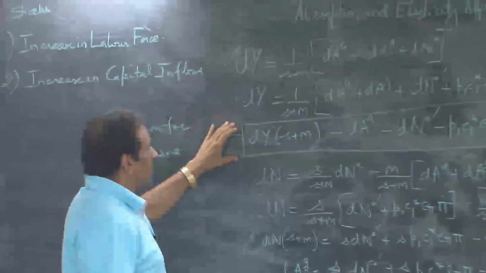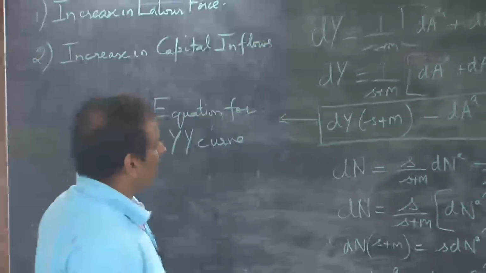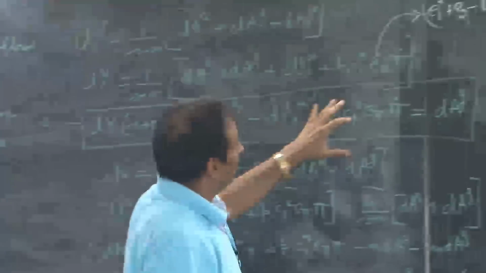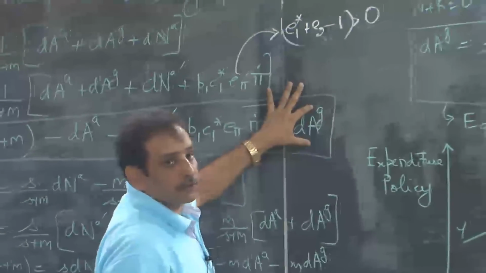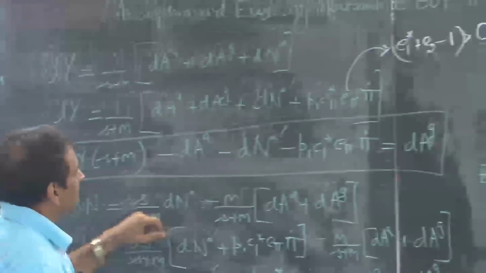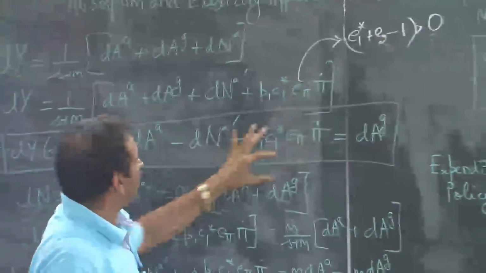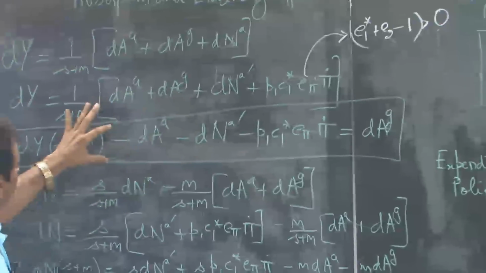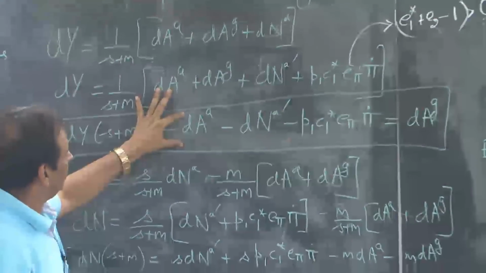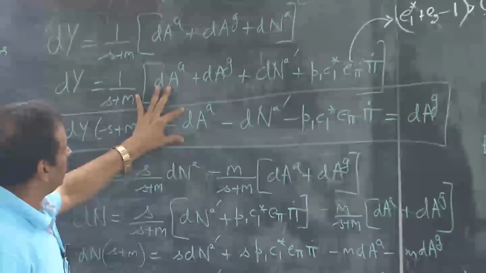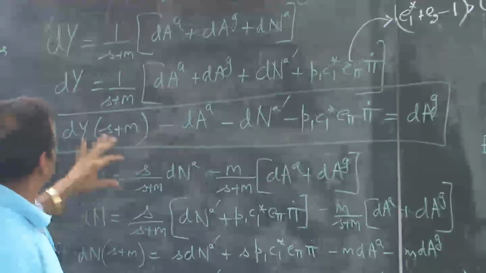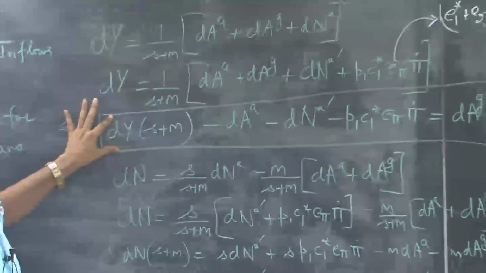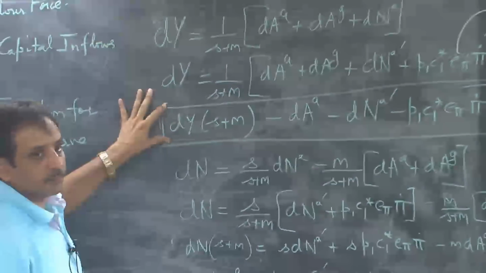So if you work on this equation, you get a relationship between the policy induced expenditures and the changes in exchange rates, purely autonomous change in net exports, private changes in expenditures, and the changes in the target level of income.